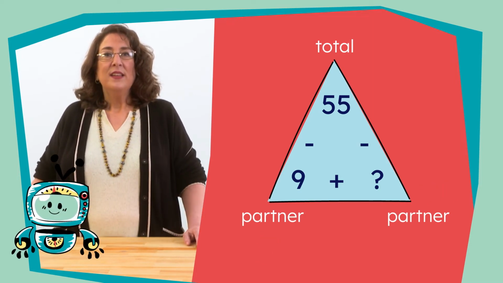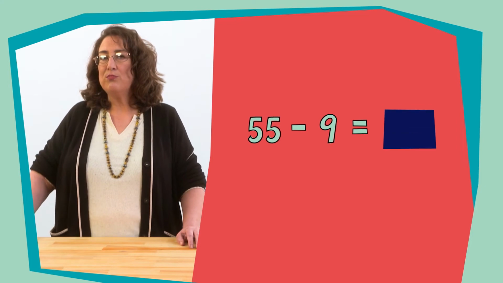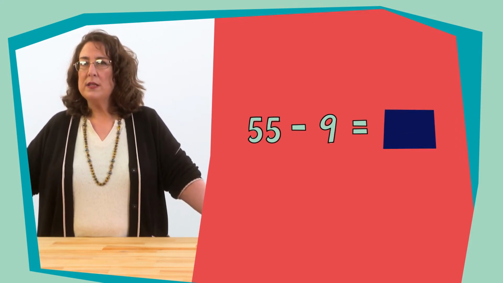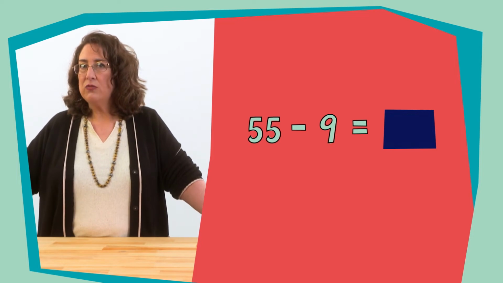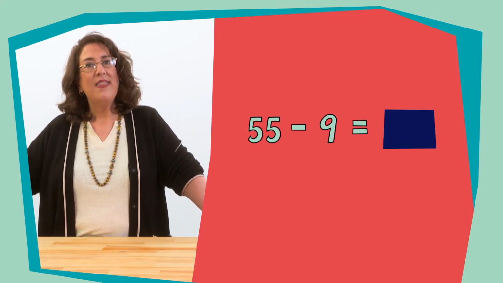Okay, let's get back to our equation and let's get the answer. 55 minus 9 equals blank. Tell a friend or a trusted adult what we should do to solve or find the answer to this equation. Oh, that's good thinking.